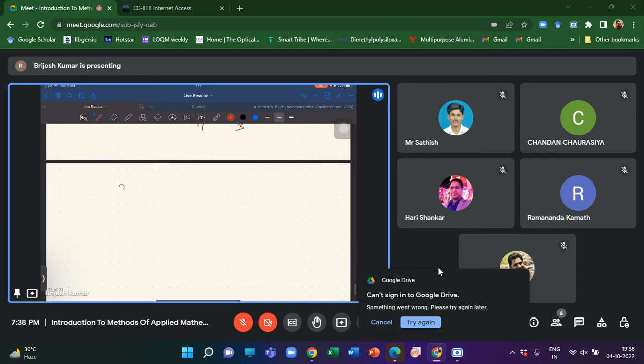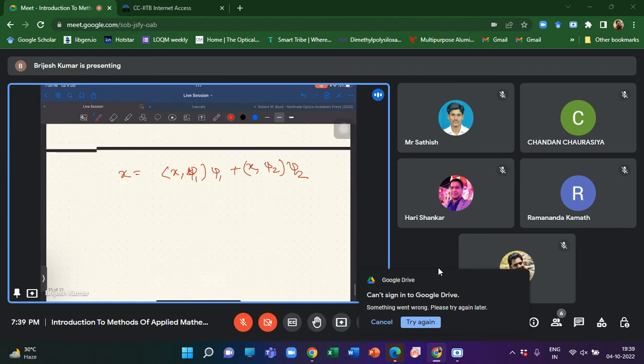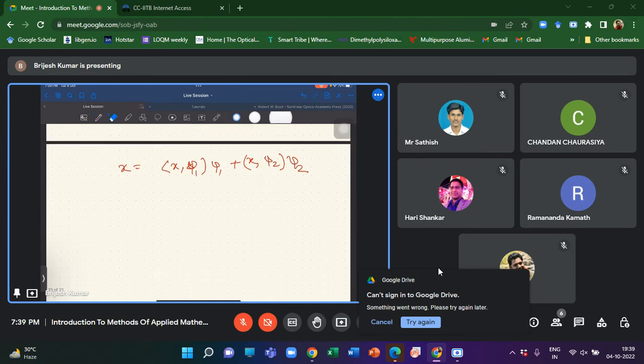In other words, we know that the following is also true, because for some vector x, we can write the projection of x on phi 1 first, times phi 1, plus x projected on psi 2, times psi 2. Now we can add a 0 to this expression.